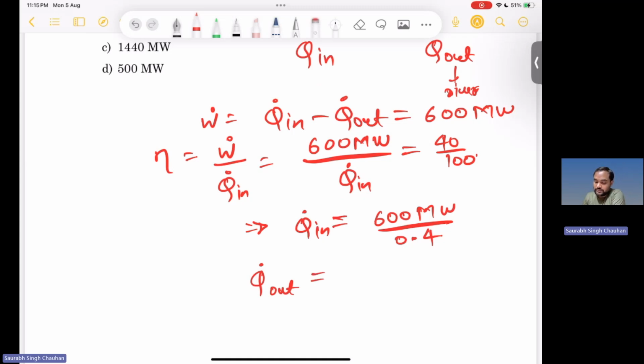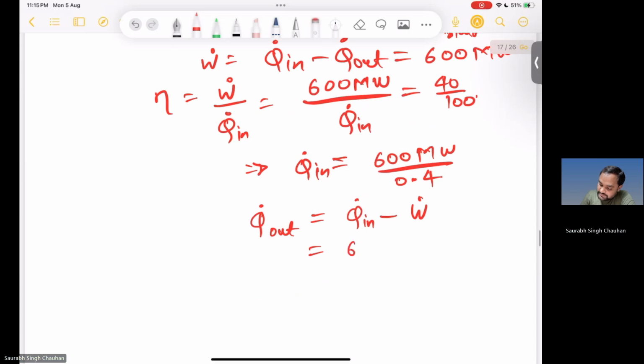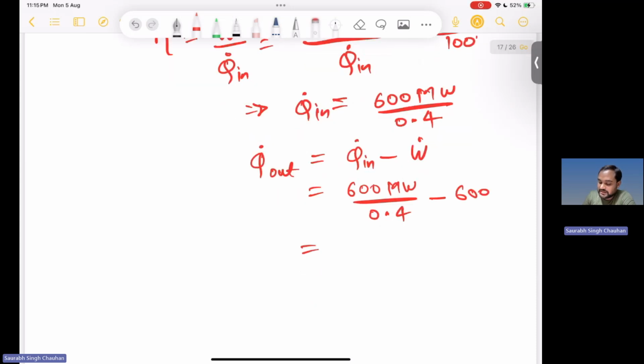So this will be equal to rate of heat input minus rate of power production. So 600 megawatt divided by 0.4 minus 600 megawatt. Okay, so this you can easily calculate.